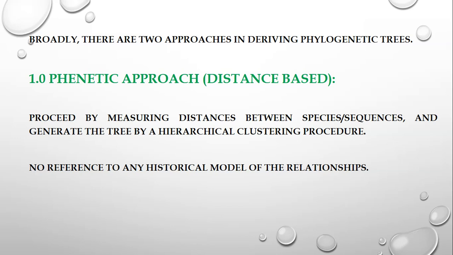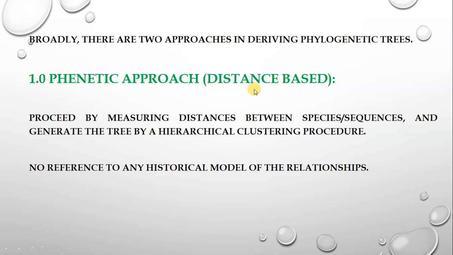Broadly, there are two approaches in deriving a phylogenetic tree. When you are constructing a phylogenetic tree, there are many approaches, but there are actually two famous approaches. The one is called the phenetic approach, or we also call it the distance-based approach.